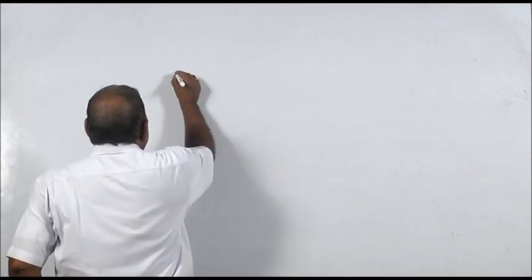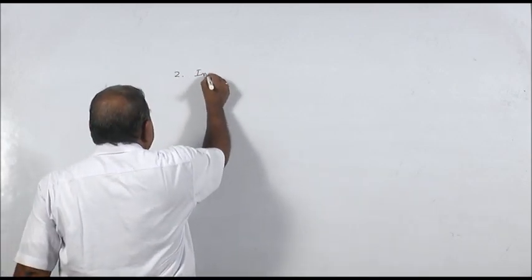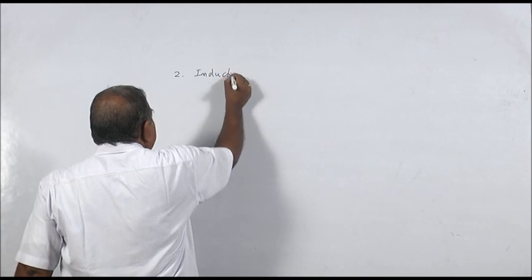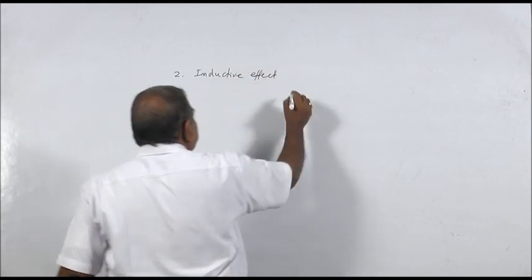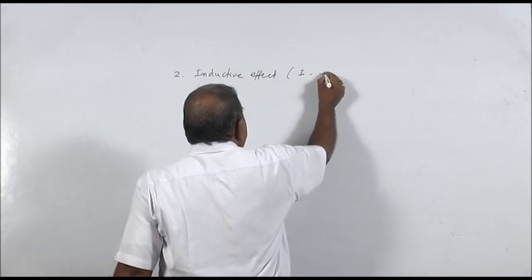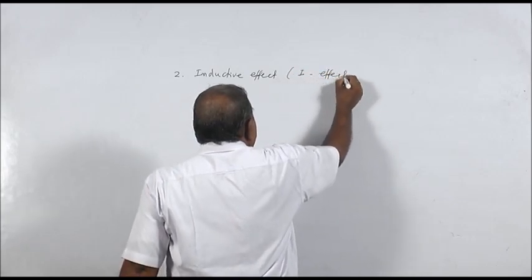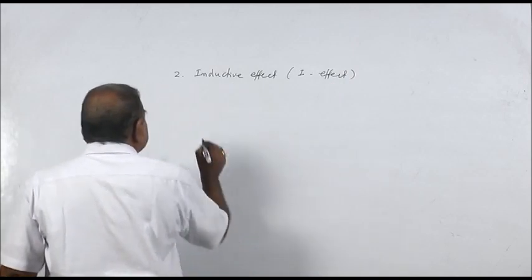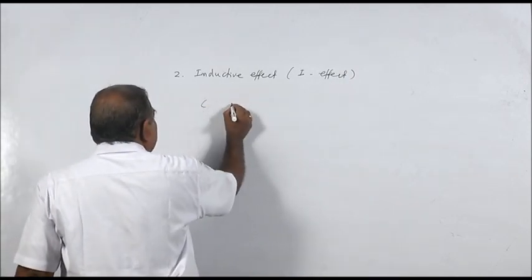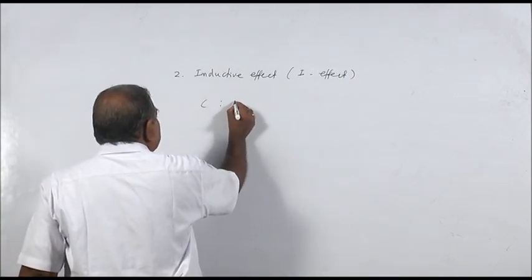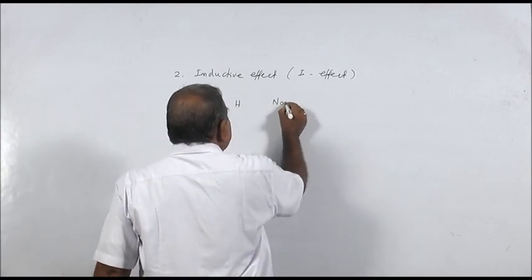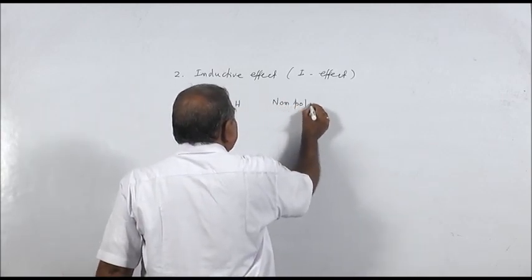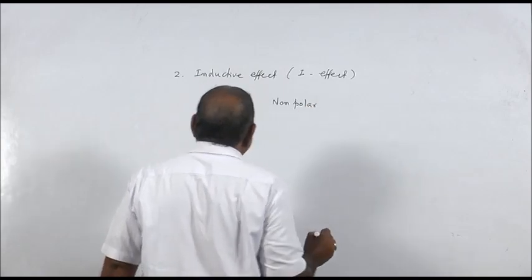Next is your inductive effect. Most important is your inductive effect, or called the I effect. Now, in organic compounds, the carbon-hydrogen bond is taken as non-polar. There is no charge separation.